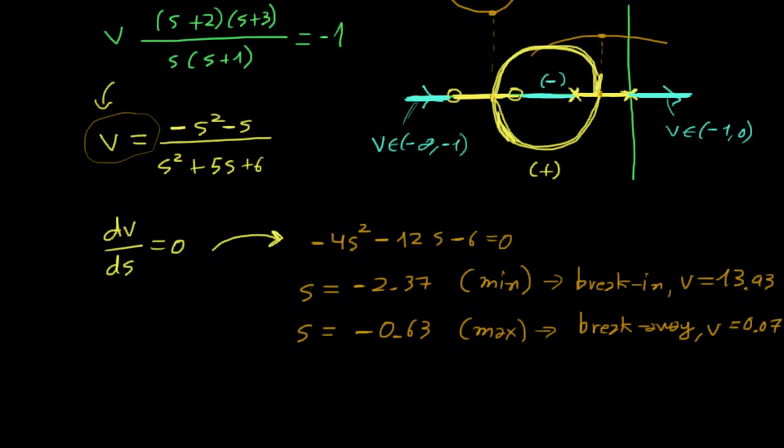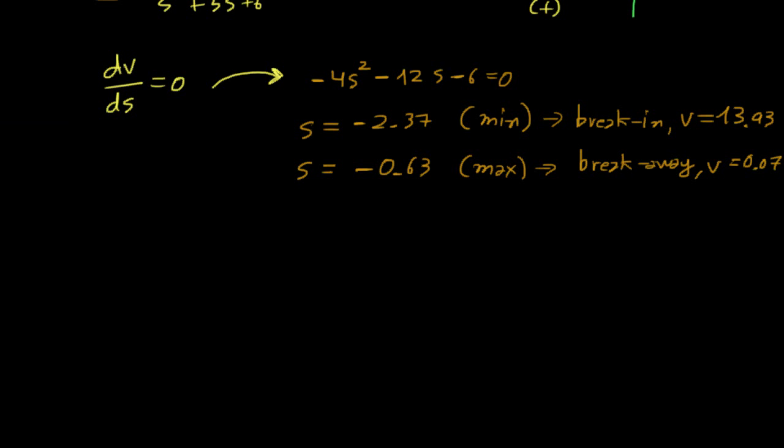You can also run into other weird cases, like, for example, a 0 and a pole and root locus between them. This goes like this, but if you draw v as a function of s, you may find that between these two values you find both a minimum and a maximum, so there are both break-in and breakaway points.